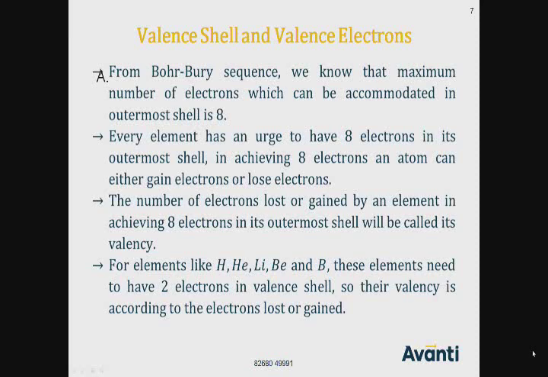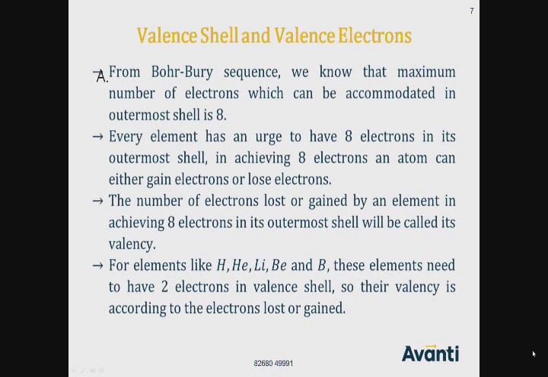Valence and valence electrons. See, from Bohr-Bury sequence, we know that the maximum number of electrons which can be accommodated in the outermost shell is 8. Okay, cool. Every element has an urge to have the 8 electrons in its outermost shell. In achieving 8 electrons, an atom can either gain or lose electrons.